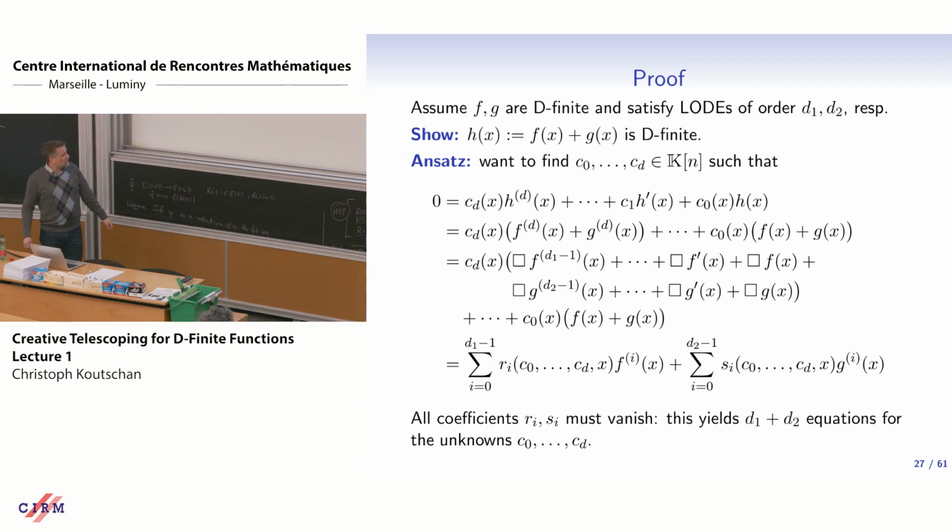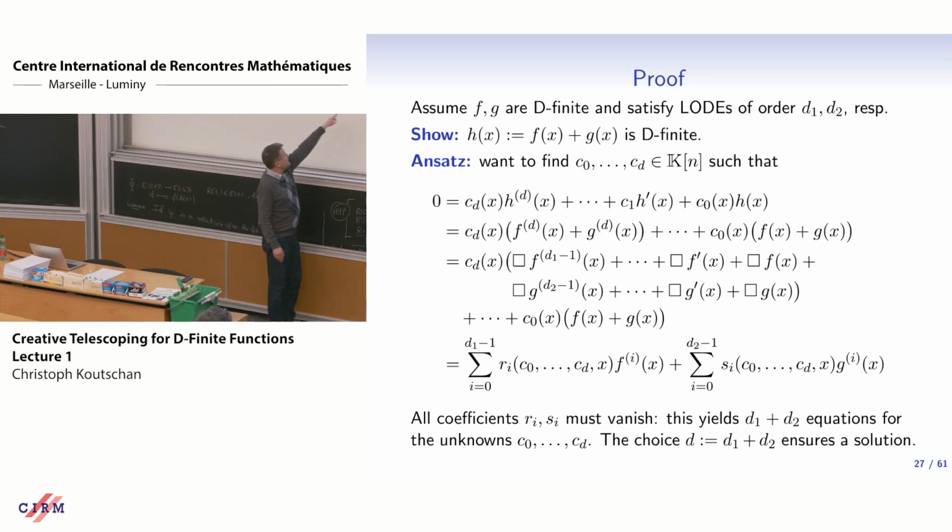So it's really not magic. It's very simple. And then you also see how you have to choose the d such that this linear system has a solution, and it will happen at the latest if you choose d as the sum of the two, because then you get a linear system that has more unknowns than equations. So from the ansatz you get d plus 1 unknowns, and this equation gives a system of d1 plus d2 equations.